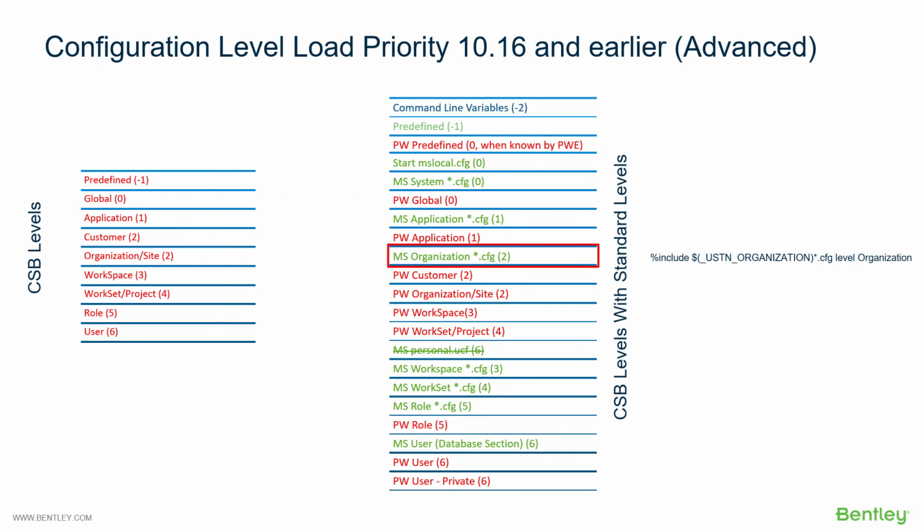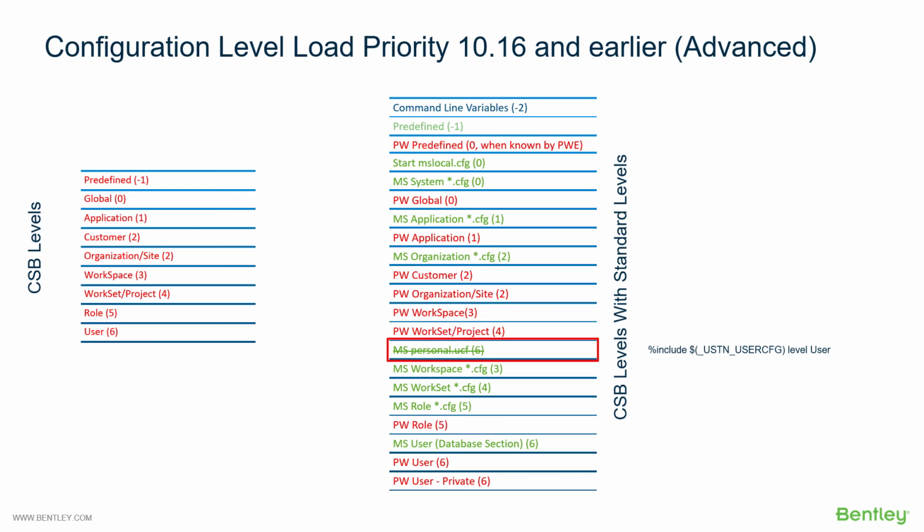When the process finds organization level, it inserts the application level CSBs. ProjectWise Explorer excludes the reading of the personal UCF at this point so that it does not read the workspace and workset name out of that file.